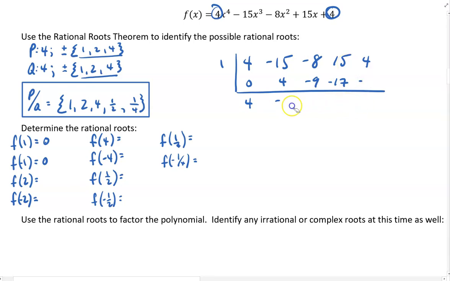Oops, I made a mistake already, so maybe this wasn't faster after all. -15 and 4, oops, did it again. -15 plus 4 is -11. So -11 here is -19. -19 plus 15 is -4. -4, 0. There we go.